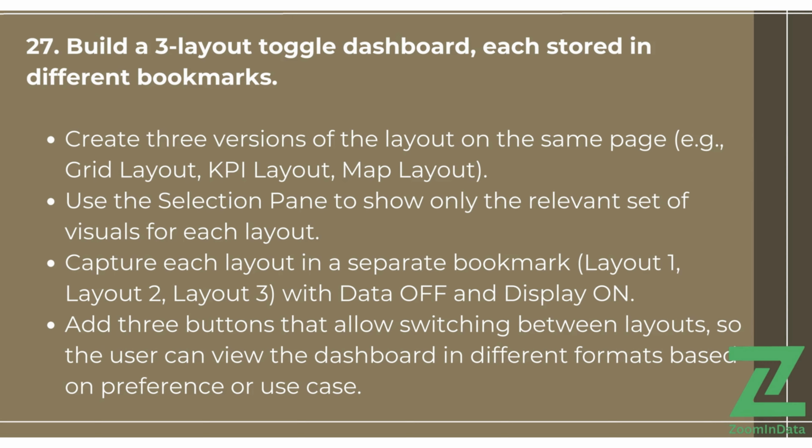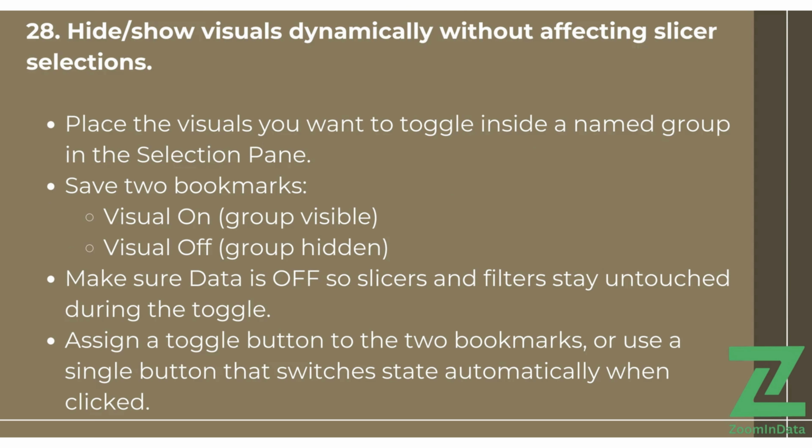Capture each layout in a separate bookmark, Layout 1, Layout 2, Layout 3, with data often display on. Add 3 buttons that allow switching between layouts, so the user can view the dashboard in different formats based on preference or use case.